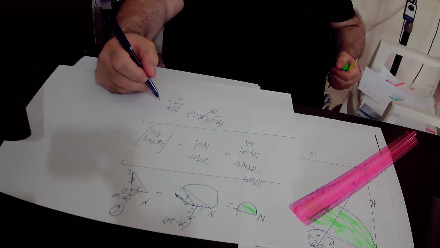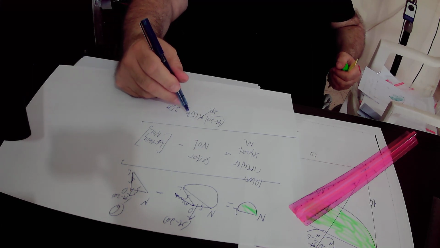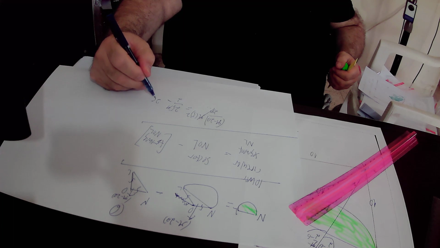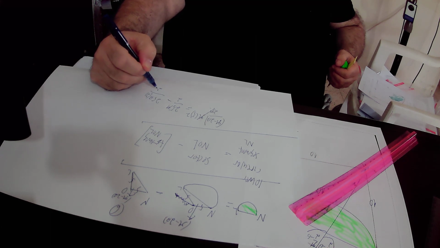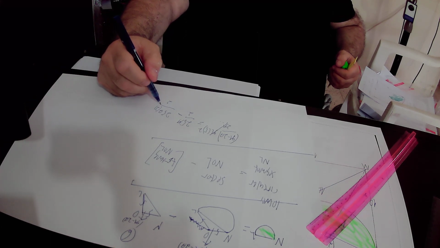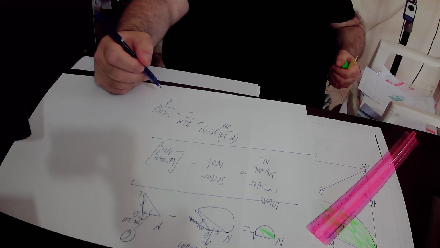Minus 25 theta times 2 over 2. We have 2 in the numerator and 2 in the denominator, so 2 will get cancelled.